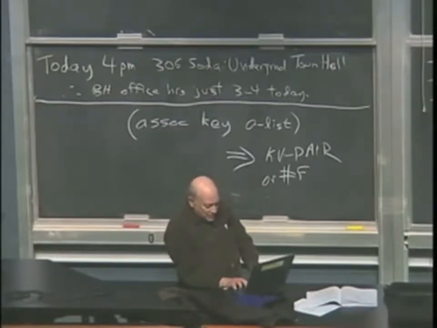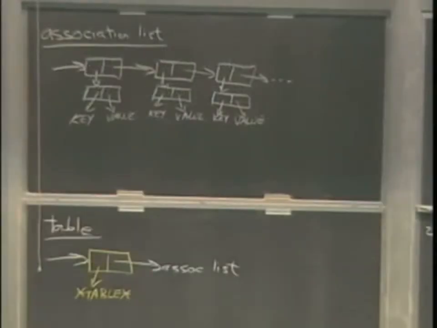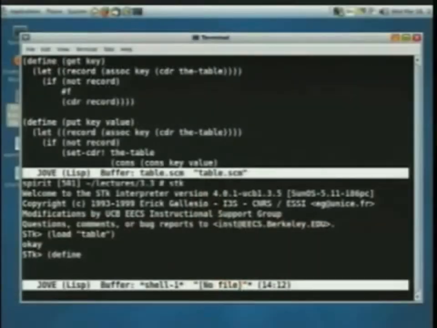So let's go ahead and make an association list. Define a list to be the list, I don't know, John rhythm, Paul bass.